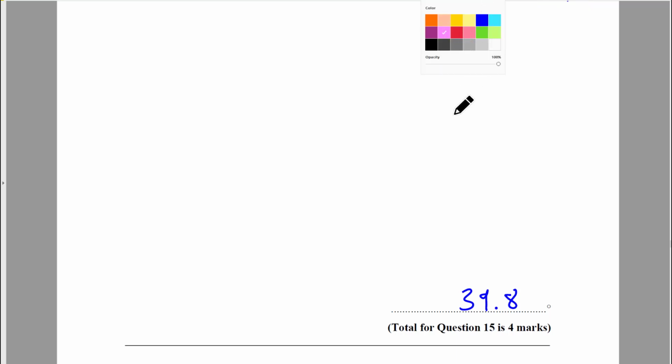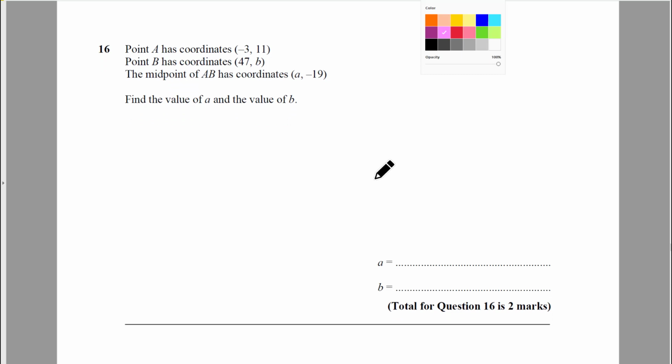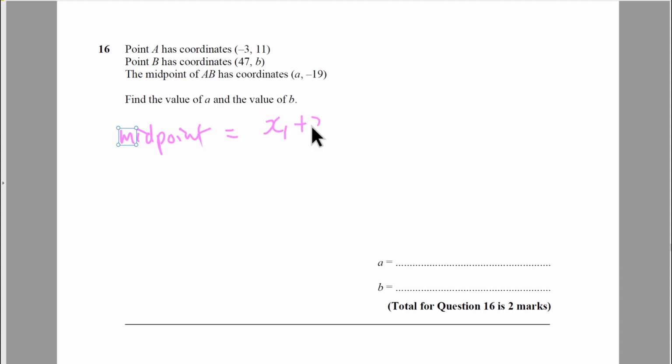And I'm going to go back to pink. Question 16. You've got 2 coordinates, the midpoint has these coordinates. Find the value of A and the value of B. Right. So you know the midpoint equals x1 plus x2 over 2 and y1 plus y2 over 2, correct?